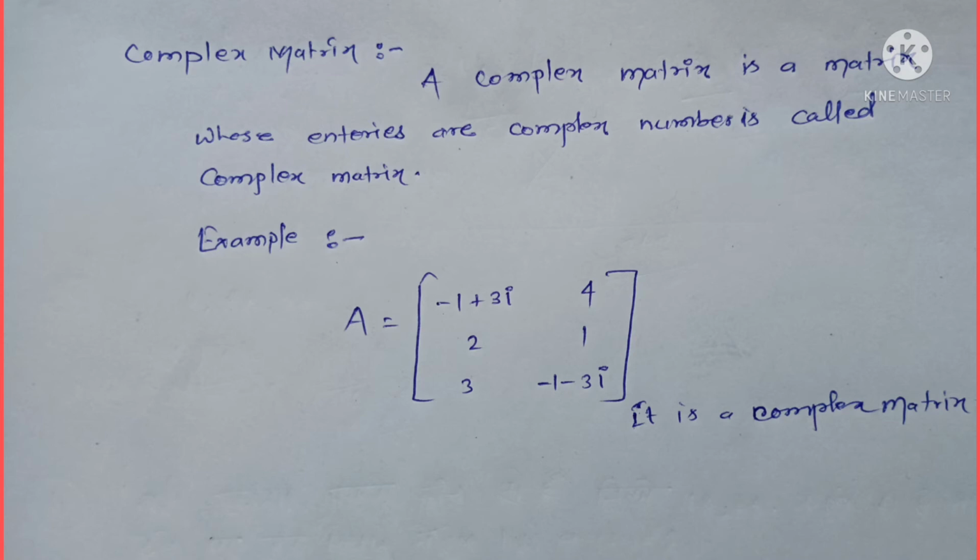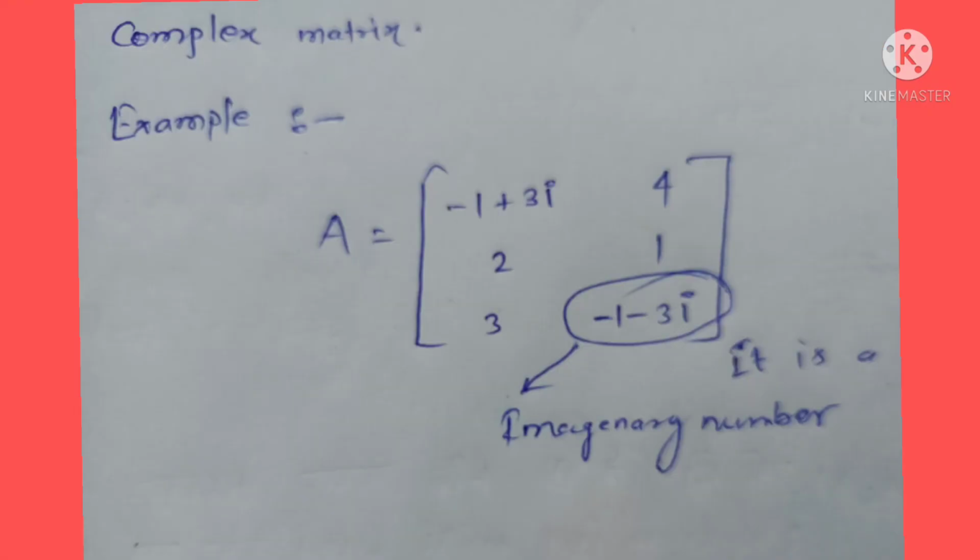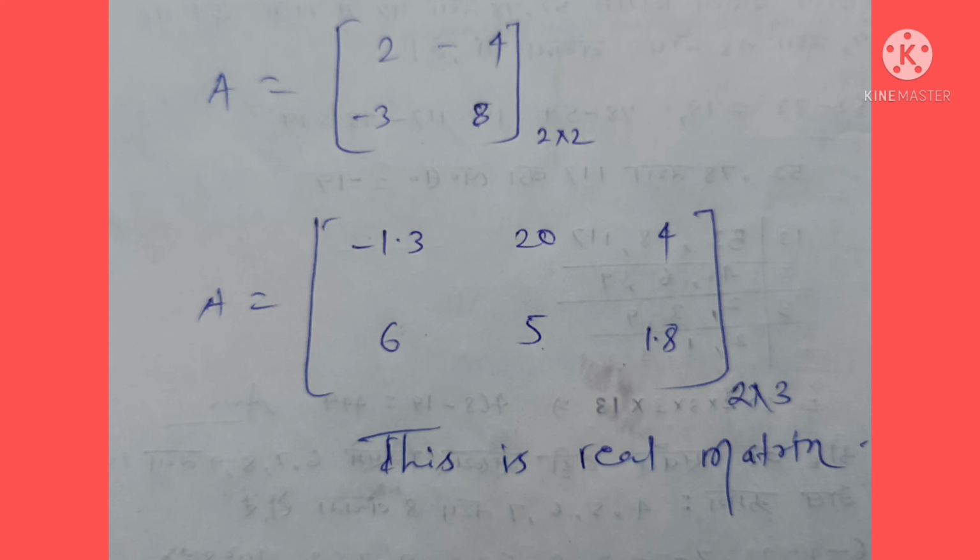Here in the complex matrix, i is an imaginary number. In the complex matrix, there are imaginary numbers inside the bracket, but in the real matrix only real numbers are present inside the matrix.